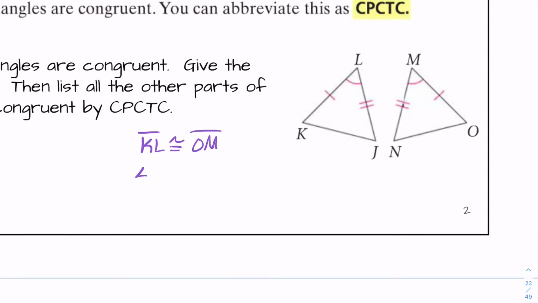I'm going to say angle L is congruent to angle M. And I'm going to say side LJ is congruent to MN.